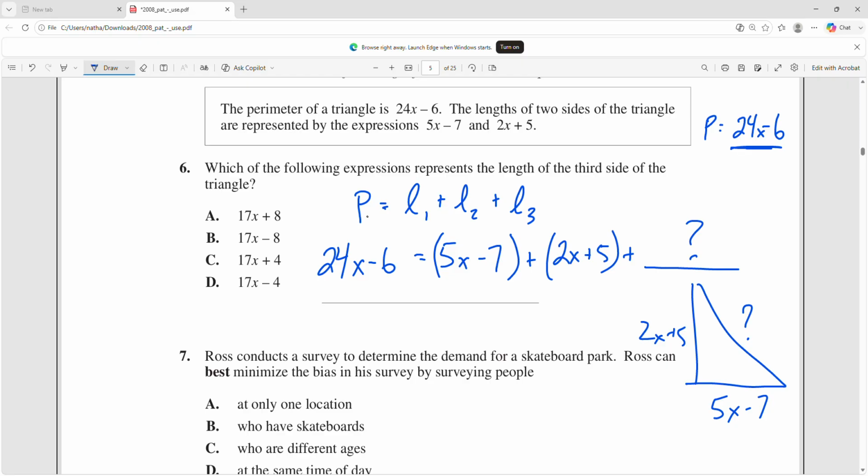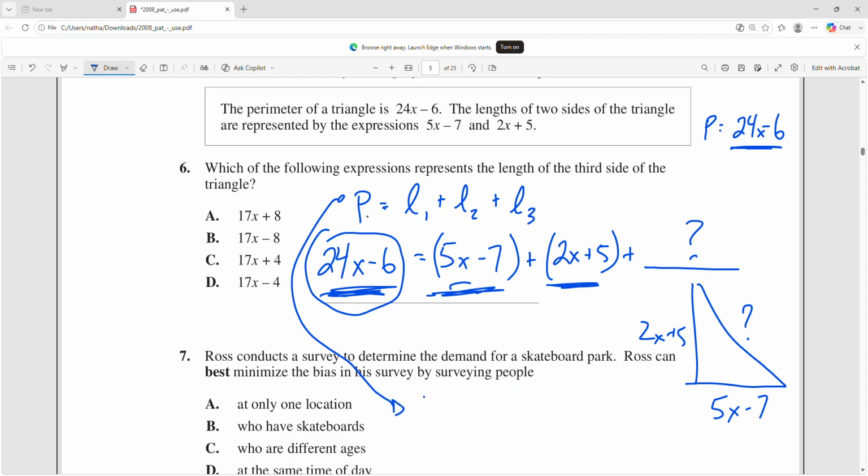Now, I'm going to try to get everything over to this side. So I'm basically going to take this perimeter and subtract this length, and then subtract that length to solve for that. So maybe what would be helpful is to show you this first. Think about it like this. I have my perimeter.